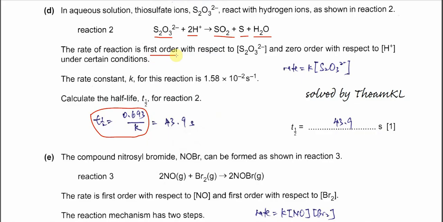Whenever the reaction is first order, you can get the half-life using this formula: 0.693 over the k constant of the reaction. The k constant is given, so you just substitute into this, and you get 43.9 seconds. Again, for a first order reaction, we can use this formula.